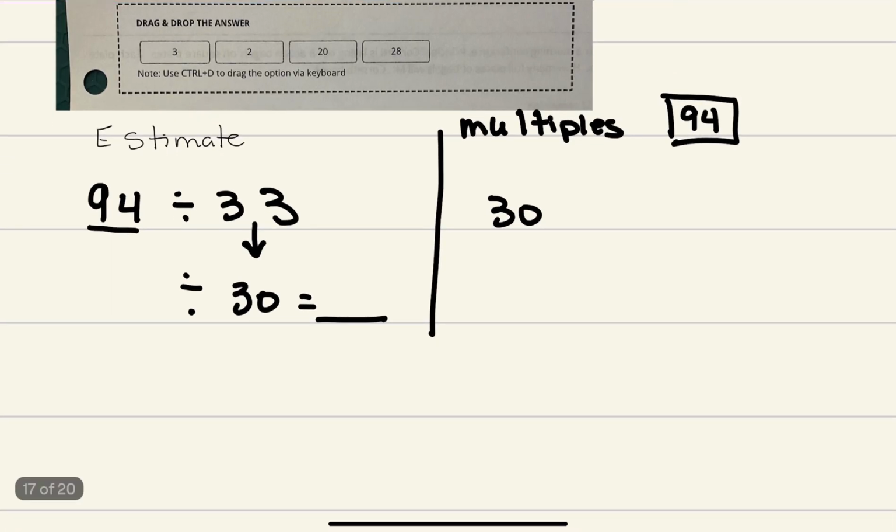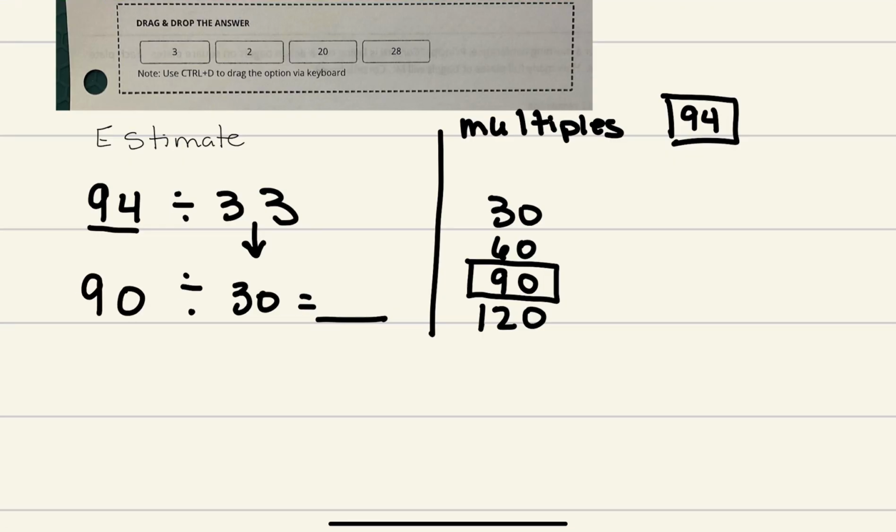But I do want them to go one more, just so that they get into that habit of taking one more just in case. So I've got 30, 60, 90, 120, and I'm going to stop there. So my number that is not bigger than 94, but close to 94, is going to be 90. So that's what we are going to choose to use.